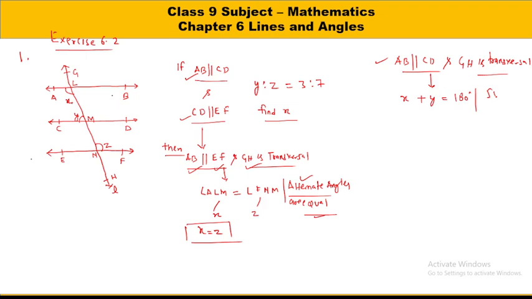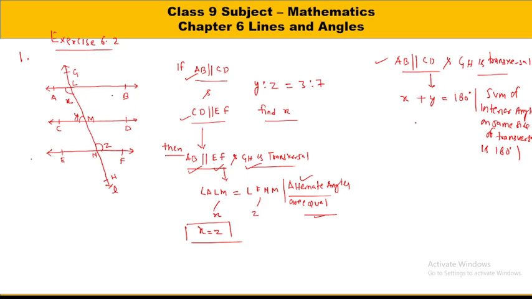That is, the sum of interior angles on the same side of the transversal is 180 degrees. That is supplementary. So angle X plus Y will be equal to 180 degrees.